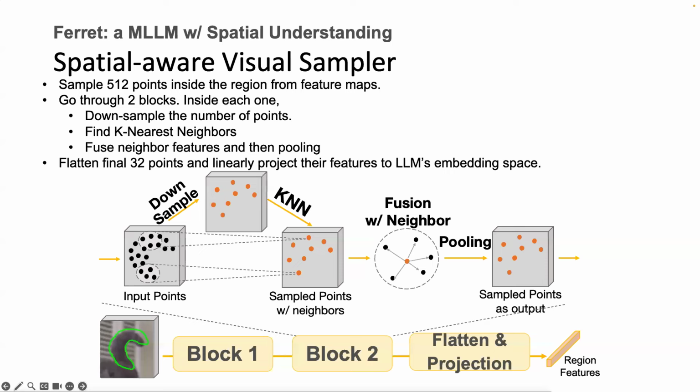We first downsample the number of points, and then we find the k nearest neighbors of these centers. Because we think the center points contribute more weight to the final results than the surrounding features, we fuse these neighbor features and then do pooling. So finally, we downsample from 512 to 32 points.